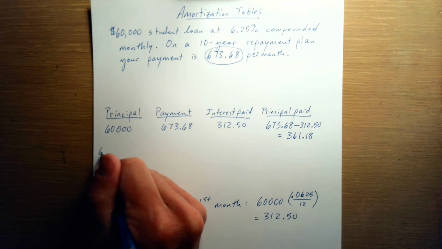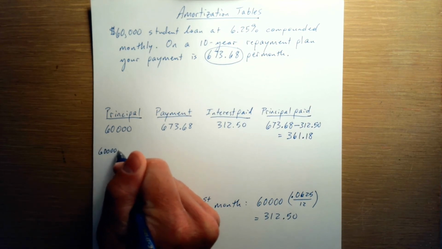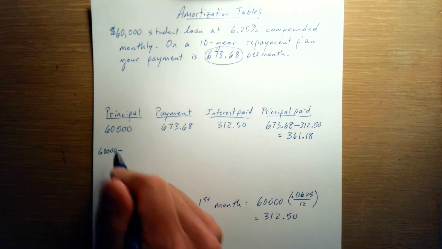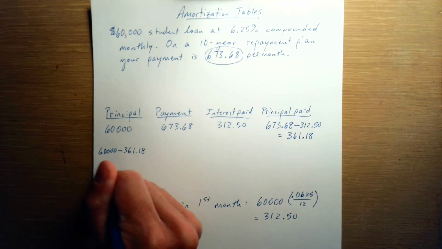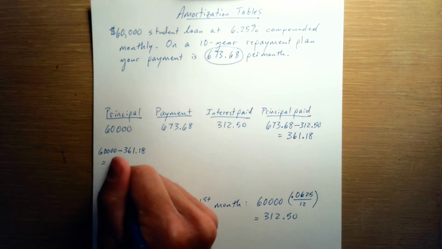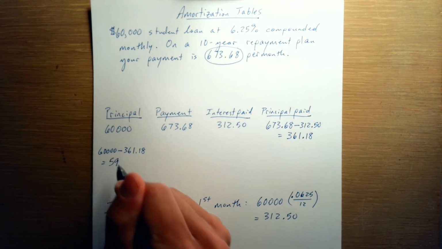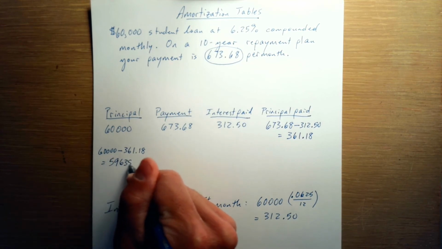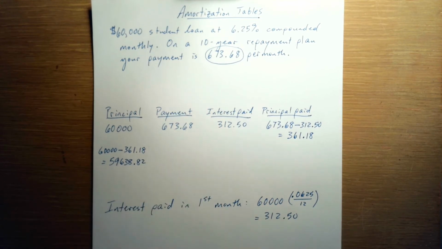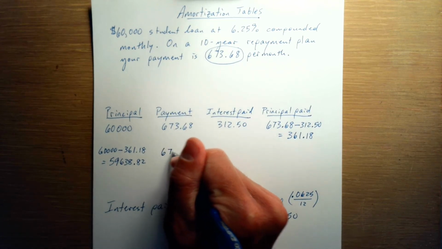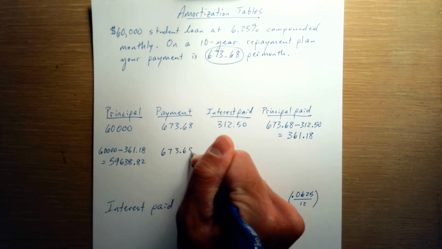So my new principal is $60,000 minus what I paid in the last month. That's $361.18. And that comes out to be $59,638.82. That's my new principal for the second month. My payment stays the same, that's $673.68.